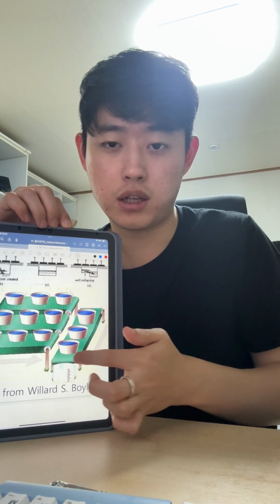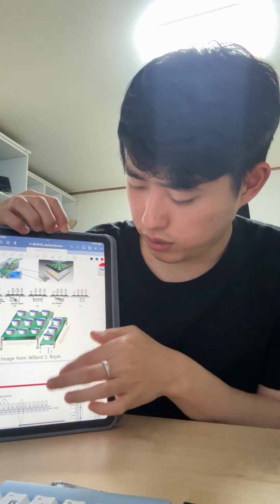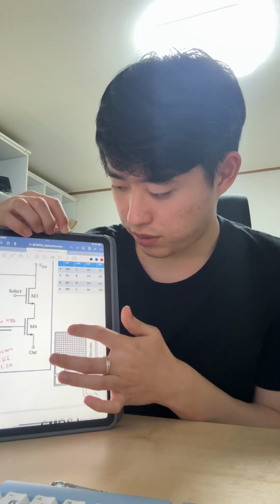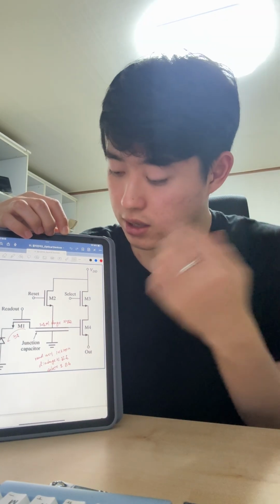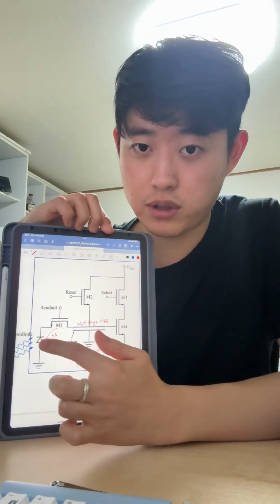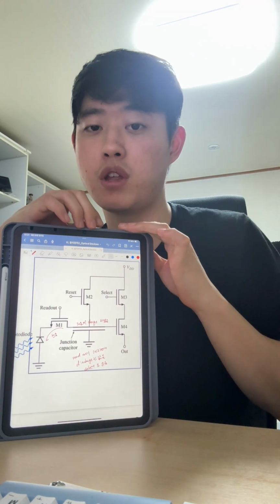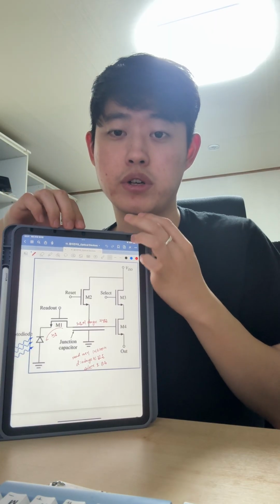But all of this is very difficult, so these days we use the CMOS image sensor, CIS. This is a photodiode, so the photodiode makes a reverse current.